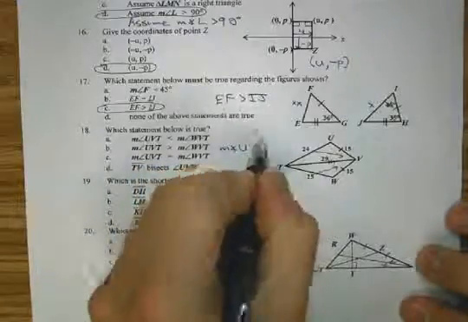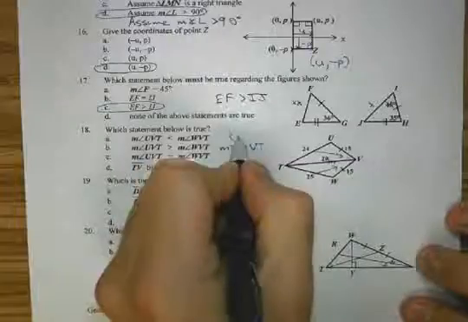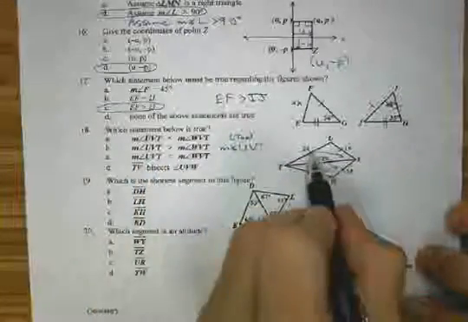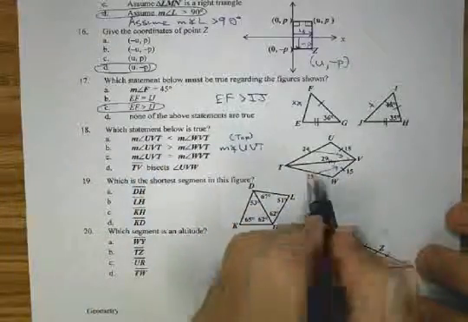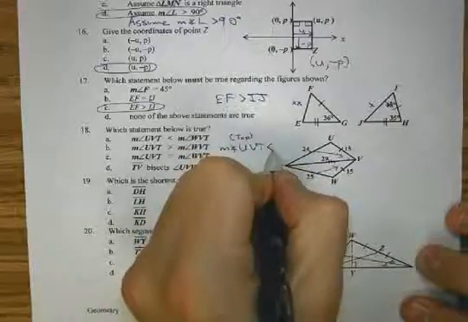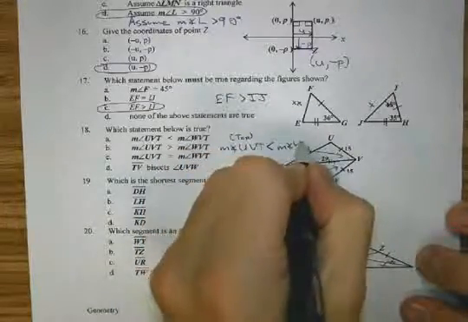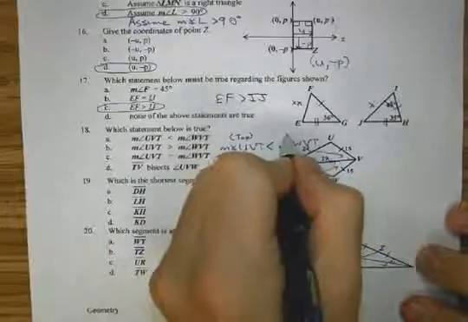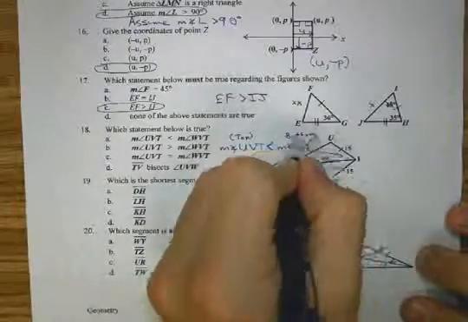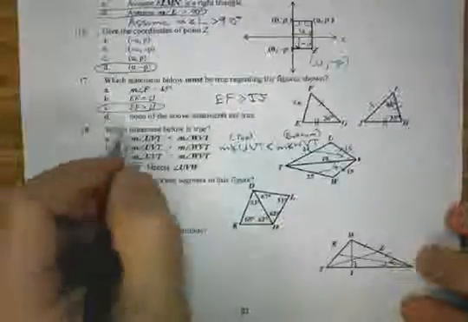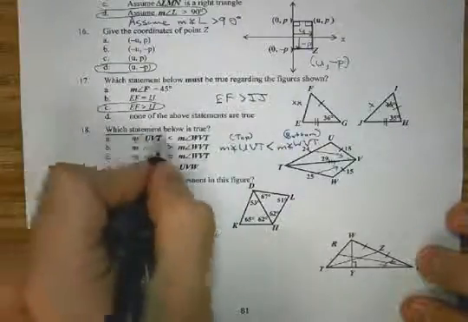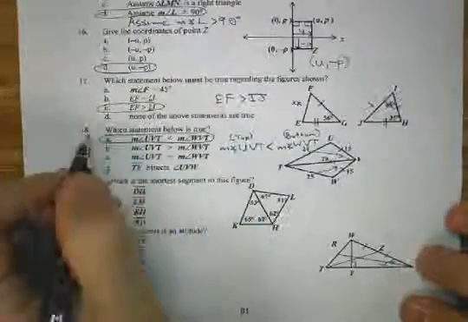So if I take the measure of angle UVT, which is the top one, since that opens to 24 and the other one to a 25, I know that 25 is going to be bigger, and we're going to call that angle WBT, which is the bottom. So UBT bigger than WBT.